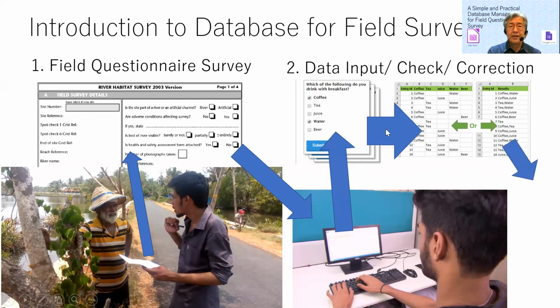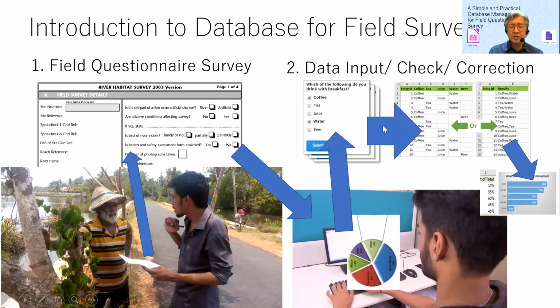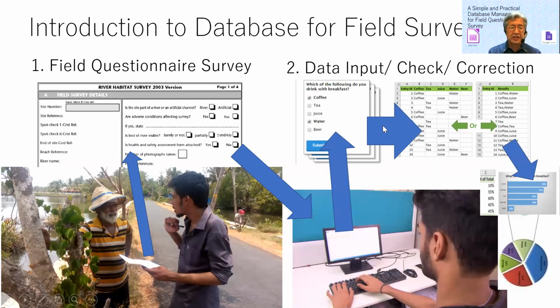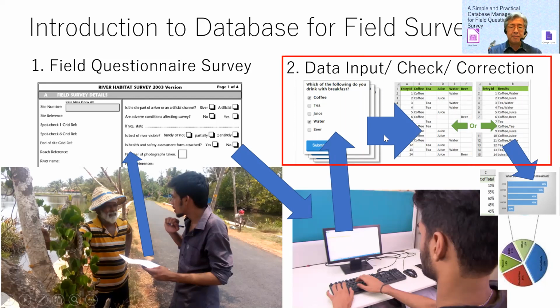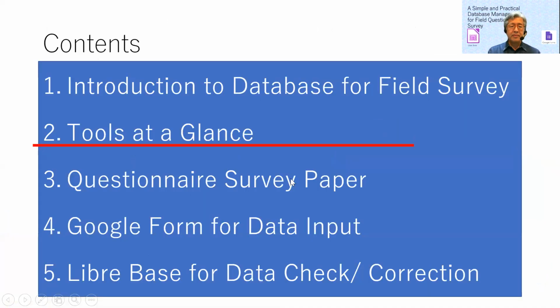Then finally, you can get the analyzed data. So this is the sequence of field survey, data input and analysis. This presentation focuses on the data input check and correction part, okay?